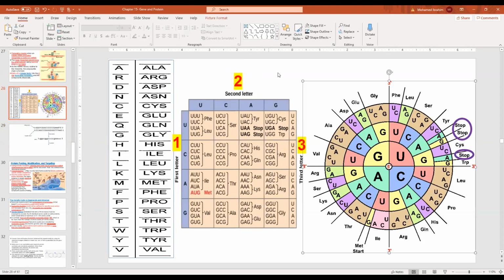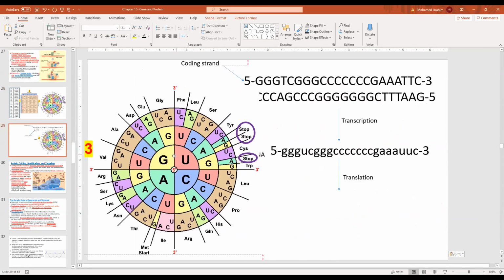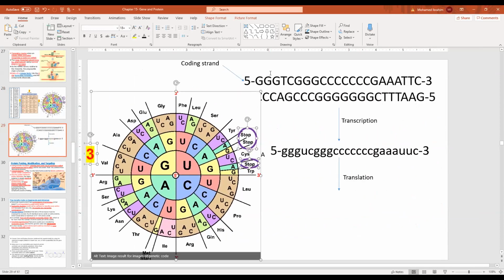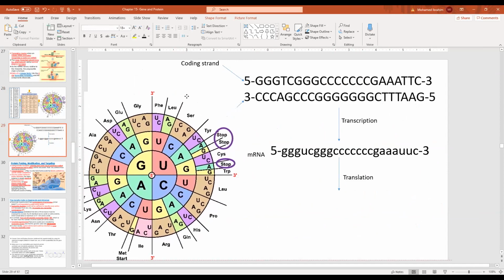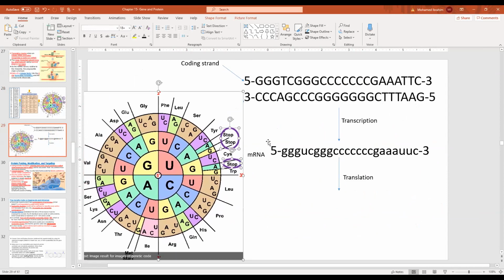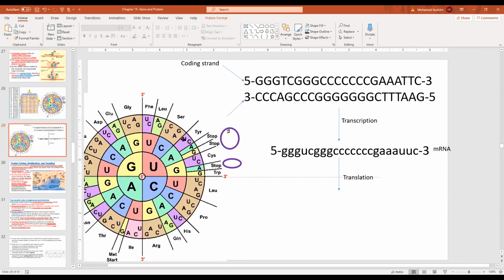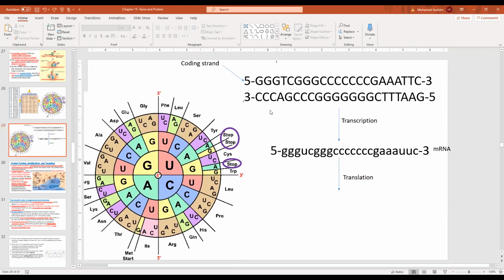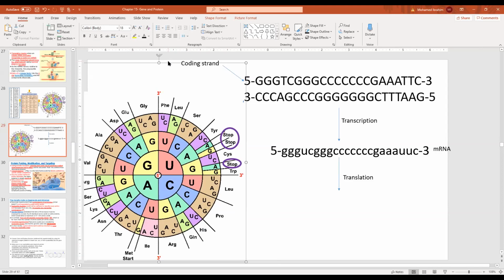So let me take this wheel here. And I need to teach you how to read this. Are you familiar with how to read this by any chance?